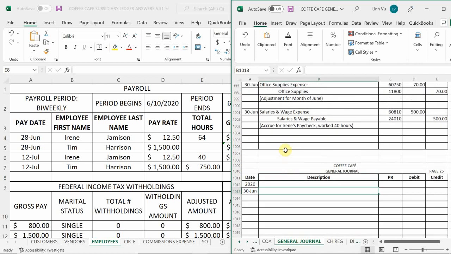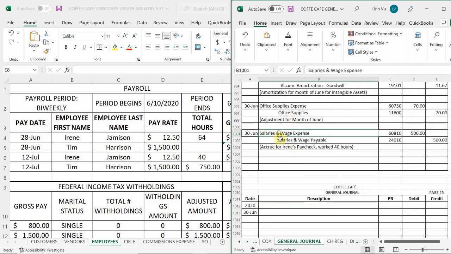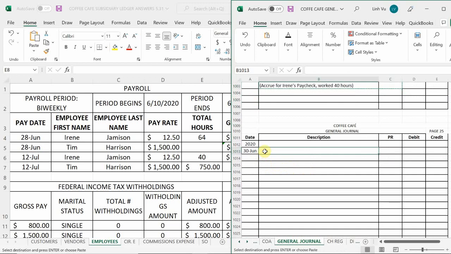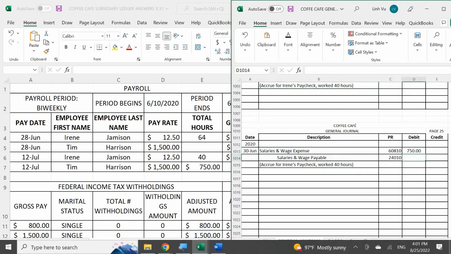The journal entry is going to be identical because this is salaries and wages, right? Because he's salary. Okay. Only difference is we're going to be owing him $750 this time.